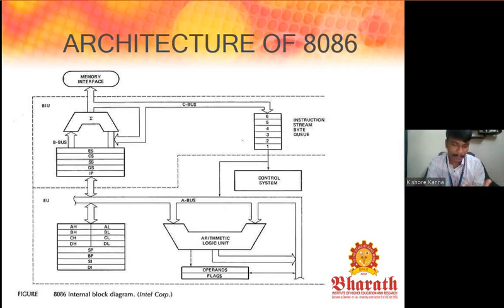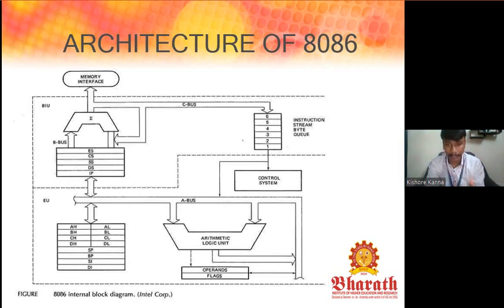The execution unit has function registers and special function registers. AH, BH, CH, DH, AL, BL, CL, DL are the registers. SP, BP, SI, DI are the special function registers. According to the working condition of these registers, processed data will be aligned and stored in the address, in the memory location of 1 MB.